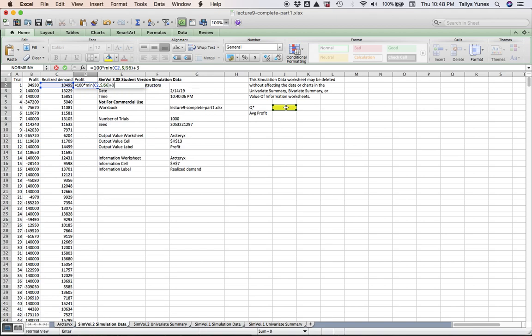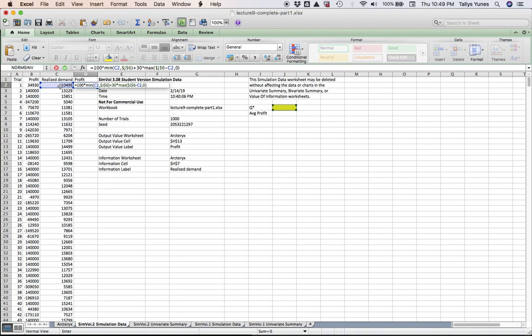Plus, I also make money when I salvage. It's $30 times the number of salvaged units, but that's the maximum. Remember, if you forget where these are coming from, go back to the Arc'teryx tab and you will see the maximum between how many I make minus what the demand is, comma 0. Because if that difference is negative, it means there's no salvage.